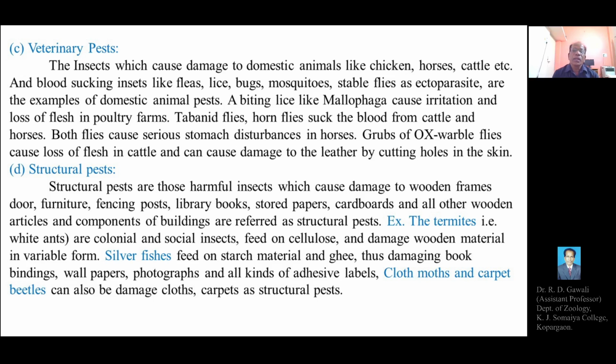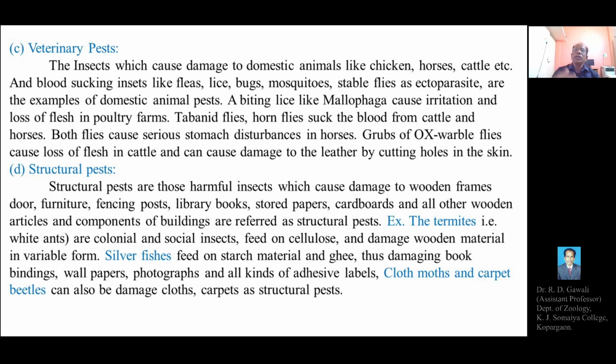Silverfish are also small insects which feed on starch material and ghee, thus damaging books, book bindings, wallpapers, photographs, and all kinds of adhesive labels. Then cloth moths and carpet beetles can also damage clothes and carpets and serve as structural pests.